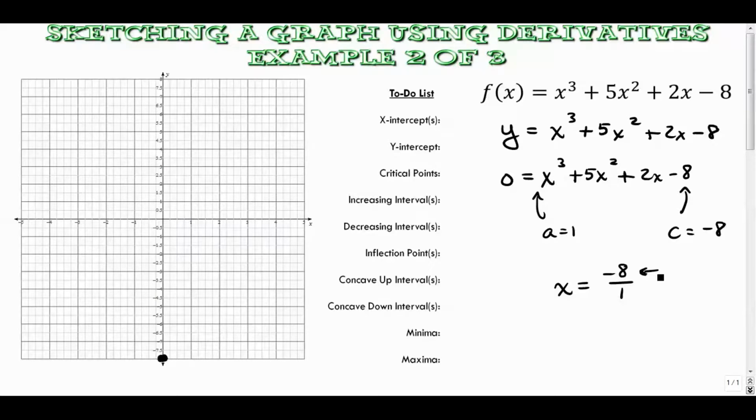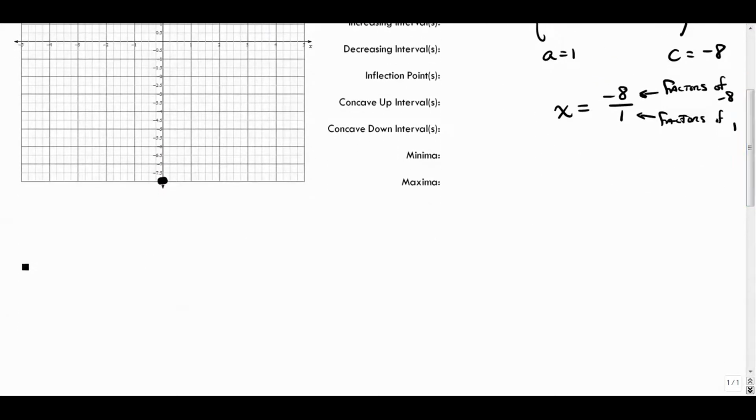But that's not really our answer, -8. That's just a pattern, and this doesn't really mean -8. We're talking about the factors of -8 and the factors of this bottom term. Thankfully it's just +1, so that's nice. So all of the potential zeros, or the x-intercepts, are given by -8 over 1, but we need to figure out all the factors of -8.